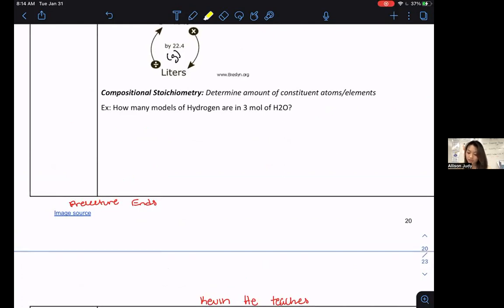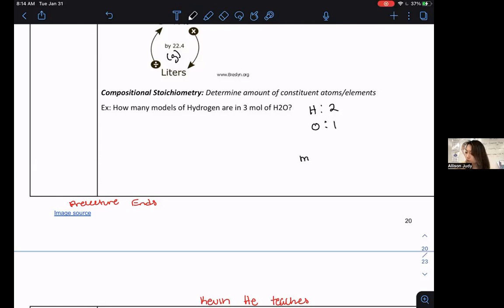So what we see is in water, for example, when we say that our constant ratio of the constituent elements in water is going to be 2 to 1.